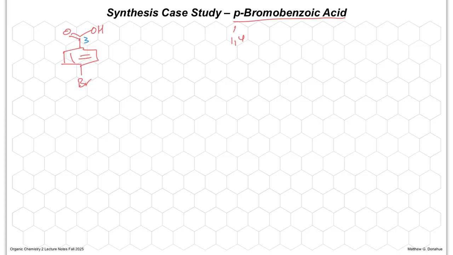That 3 is saying that the acid is at oxidation state 3, so that's why it's named as a benzoic acid derivative. And then obviously the bromine is the other substituent. So when we look at the target, what do you think we should start with?